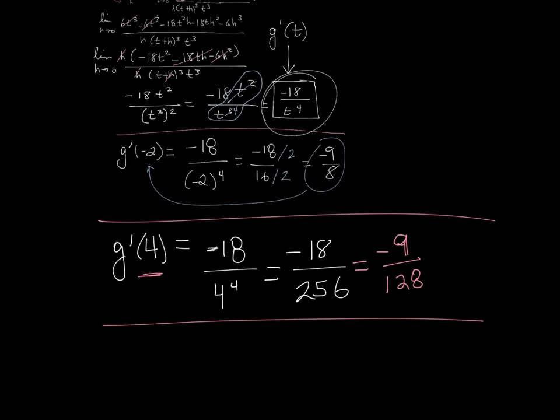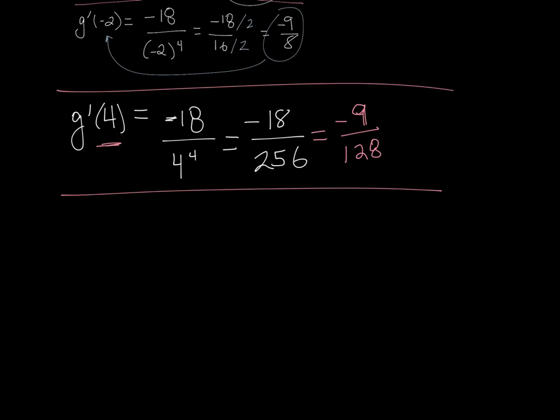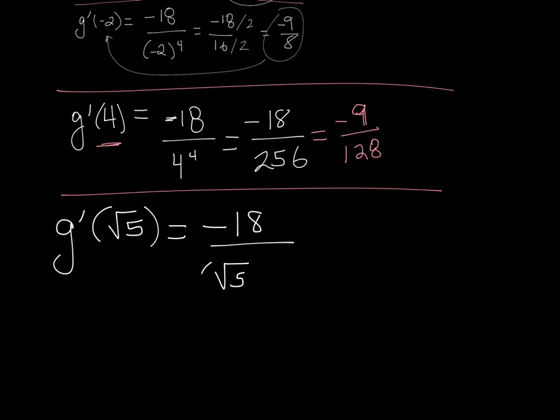And then the last one, g prime of the square root of 5. My function once again was -18 over t to the 4th, so the square root of 5 to the 4th.